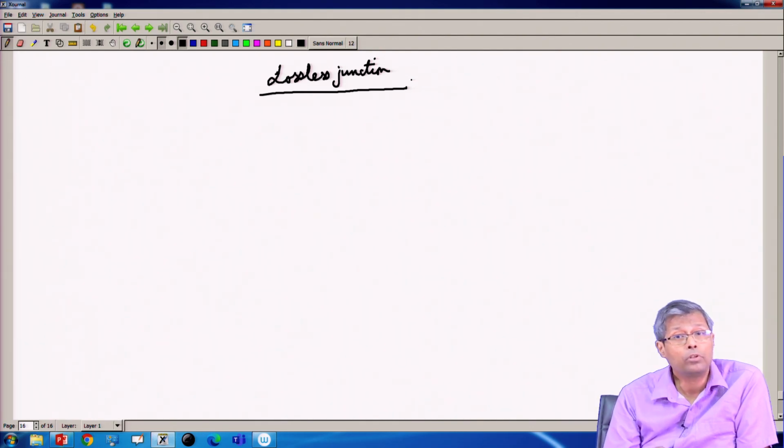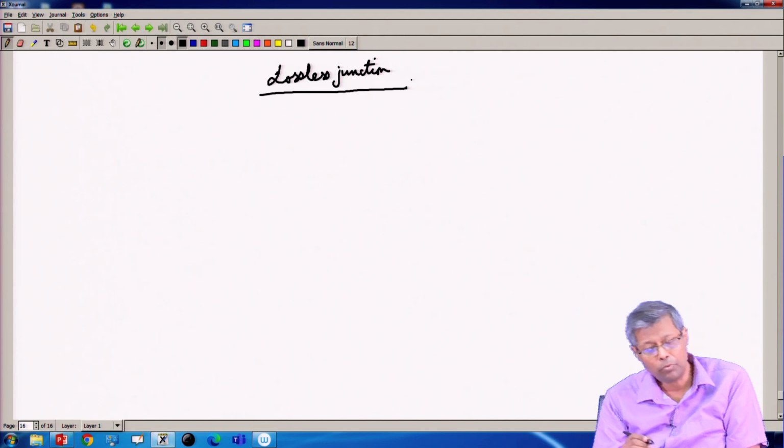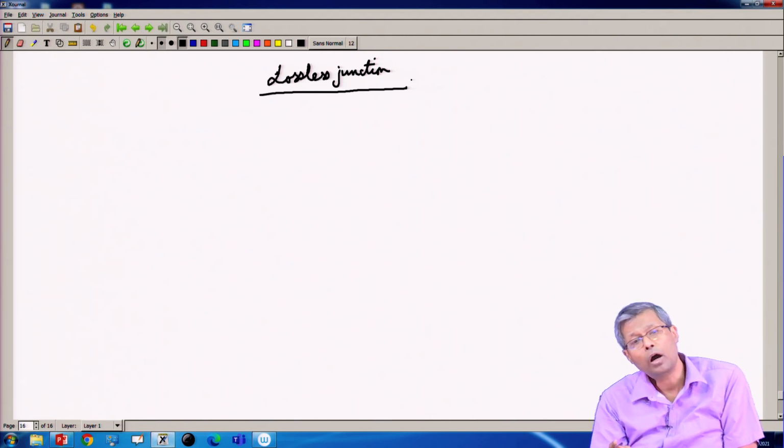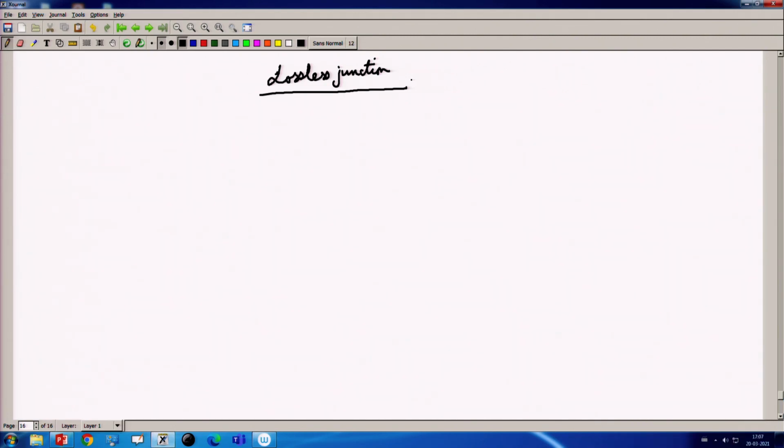We can apply them for the 2 port network, and let us see where we come to after we apply those conditions. The first is S11 S11 star plus S21 S21 star is 1.